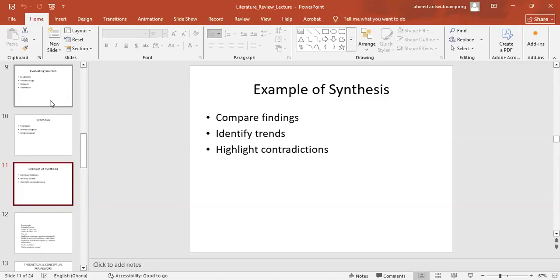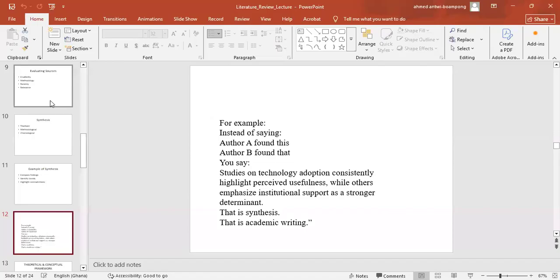Perceived usefulness, whilst others do what? Emphasize, say, institutional support as a stronger determinant, right? That is how synthesis is done. And that situates your review within the realms of what? Good academic writing. Okay.